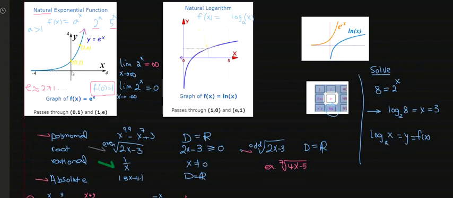So if you drew the line y equal x, and we applied the reflection in order to get the opposite function, or the inverse function, that point, which is 0 and 1, will turn here into 1 and 0. And this is why the logarithmic of 1 is 0. This a should be bigger than 1 as well. Like we said, that condition in the exponential is the same here with the logarithmic.